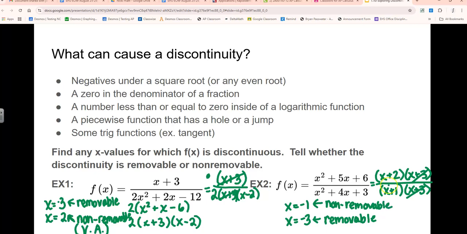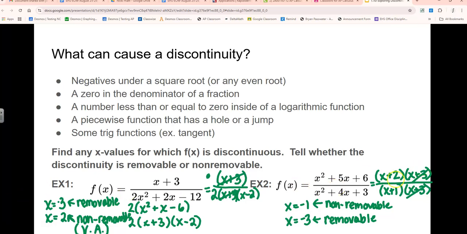You also have this x plus 2 that's just left here on the top. What is that? It's an x-intercept, or a 0 of the function. It tells you where the y value is 0 for that. It is not a discontinuity, so you just ignore it for these types of questions right here.